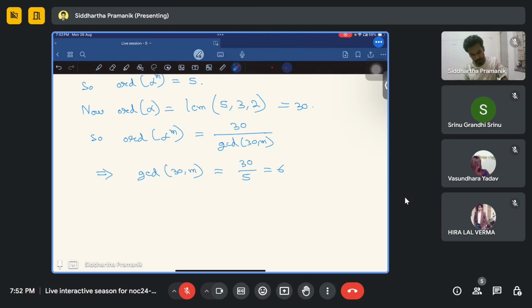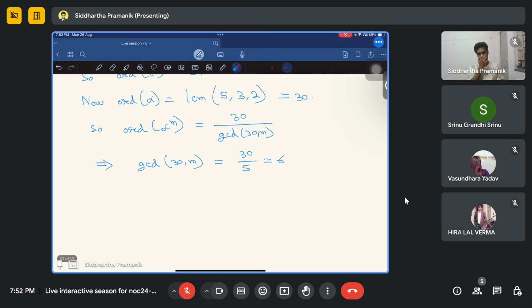So from this, what can you say about m? 6 is the GCD, right?